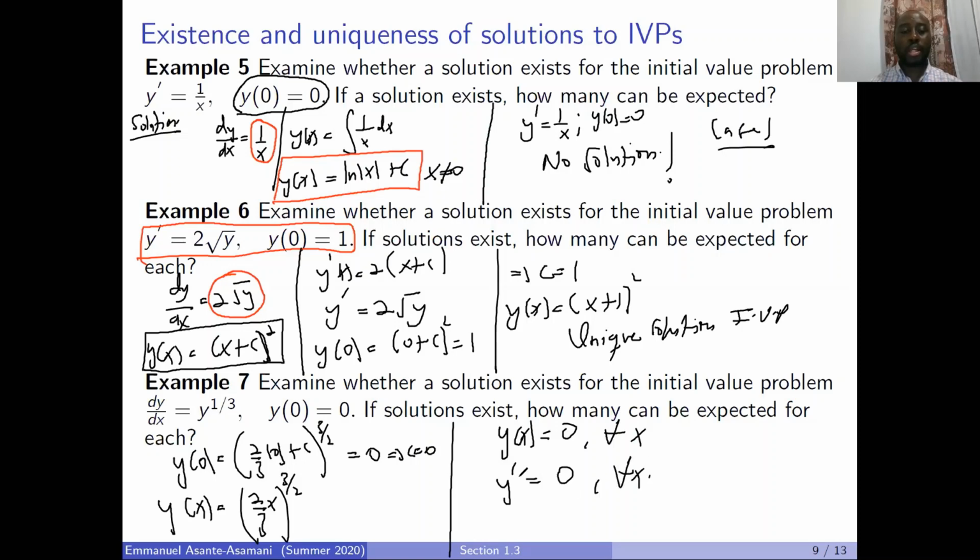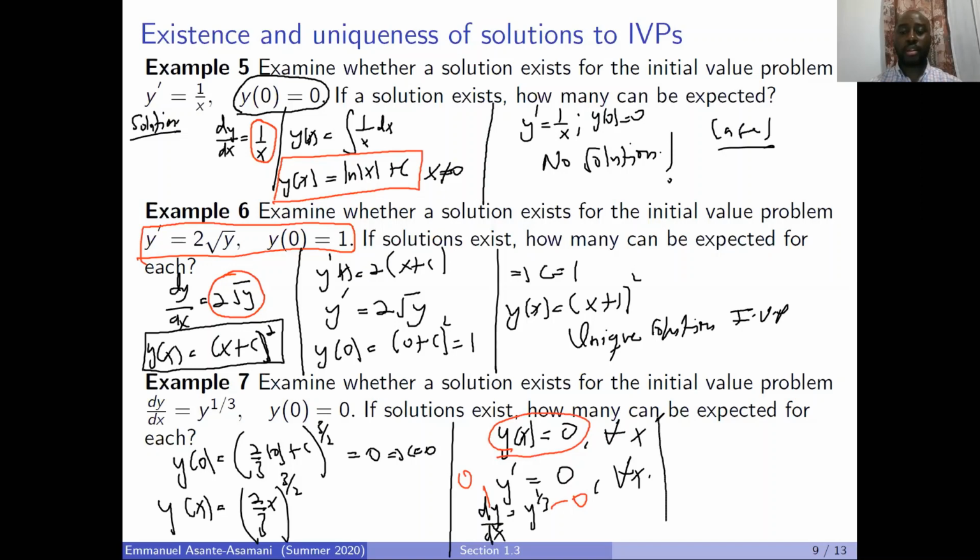And if my function is 0 for all x, then clearly it will satisfy the differential equation, because dy/dx is supposed to be the cube root of y. But if my function is 0, then dy/dx is 0, and the cube root of 0 is also 0. So this identically 0 function also satisfies the differential equation.